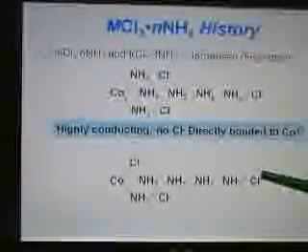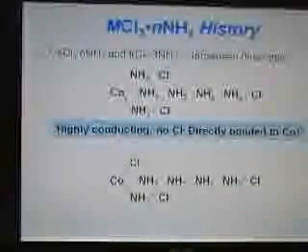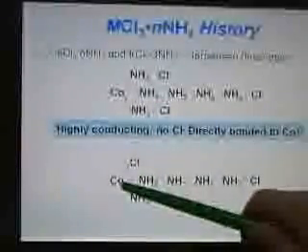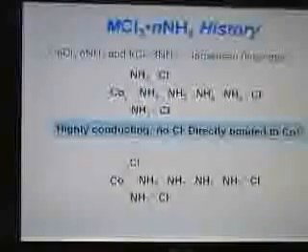In the second one, where we have only 5 NH3s, 1 Cl must be directly bonded to the cobalt. The other 2 still have ammonias in between cobalt and the chlorides. This compound should only have 2 Cls that dissociate from the compound and should be moderately conducting.